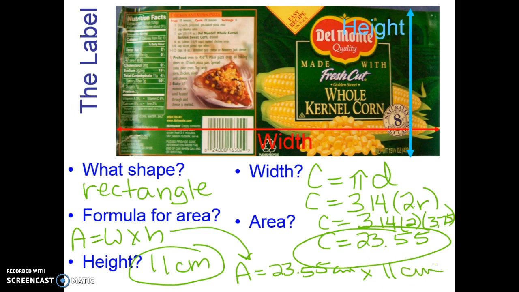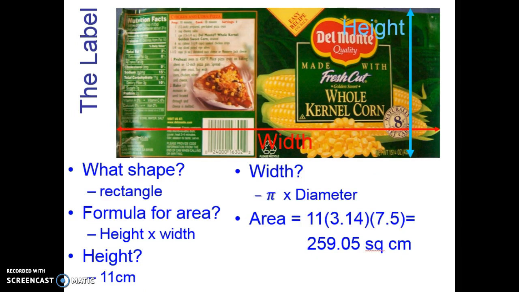Times that together, and we get 259.05 centimeters squared. Obviously, I did not leave enough room. Why centimeters squared? Because I'm multiplying centimeters by centimeters. And again, I know I have messy handwriting, but I think there's some benefit to watching the steps as I work through this.